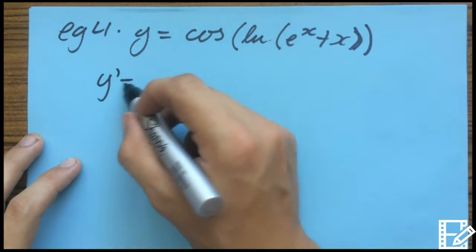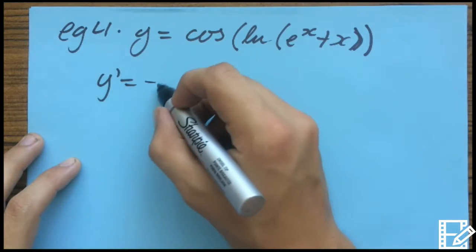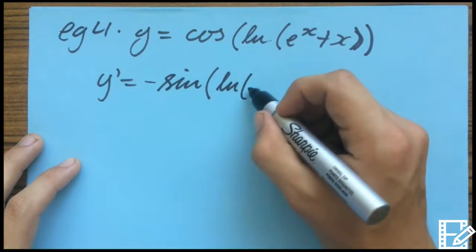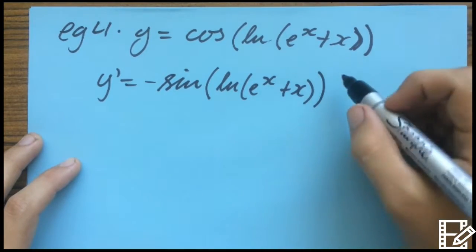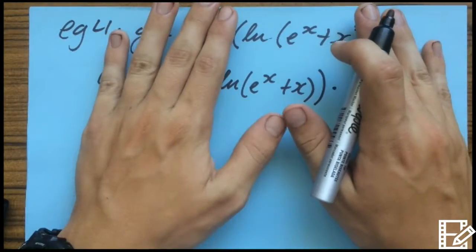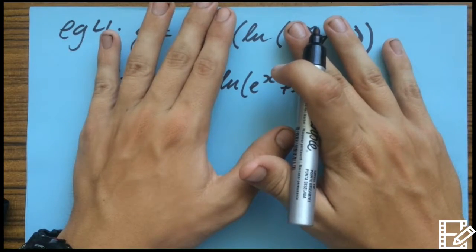So the derivative, we'll start with the outside. The derivative of cosine is just negative sine, and whatever's in the brackets stays the same. Then we multiply that by the derivative of whatever's in the brackets, and that will be the second function, which would be ln.